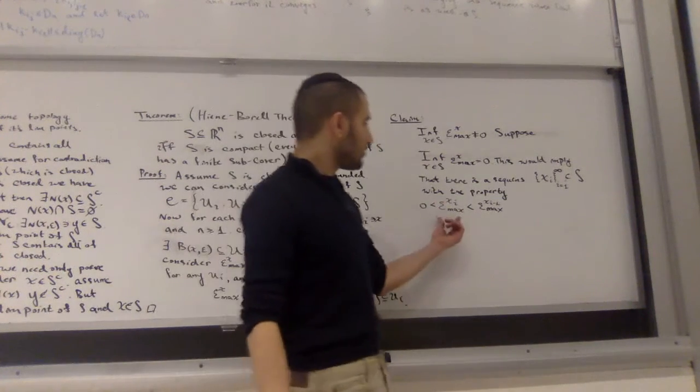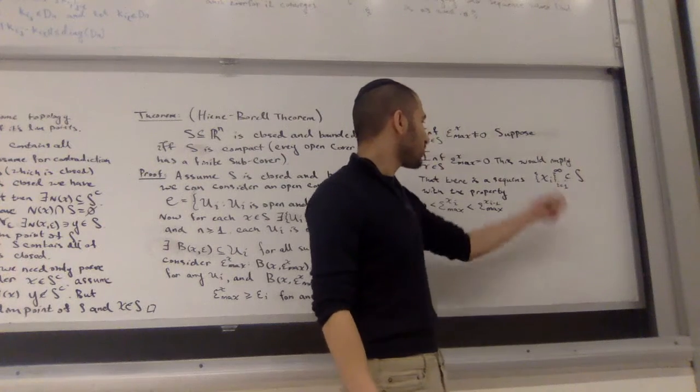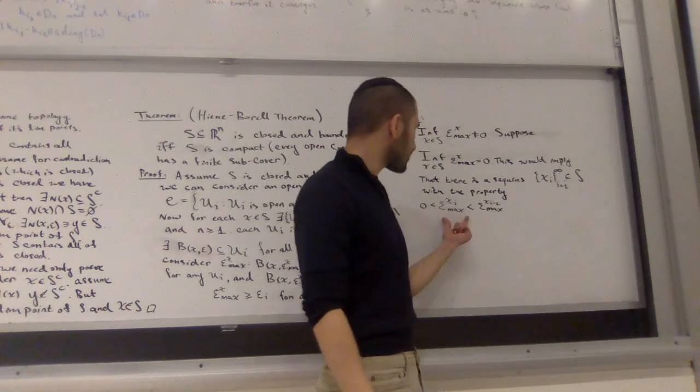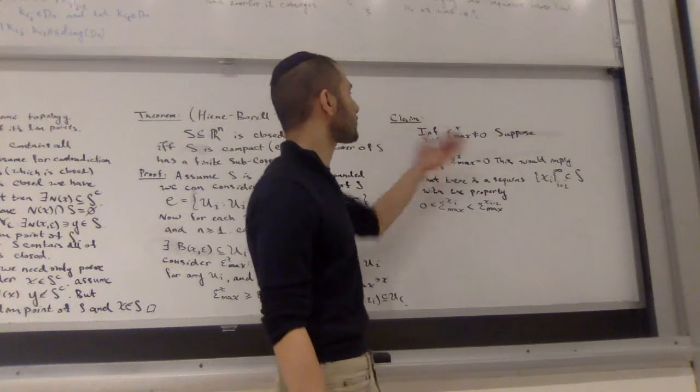Right? So, in other words, this is a sequence of terms whose maximum epsilon decreases as the terms go on. That's what it means for the infimum to be 0.